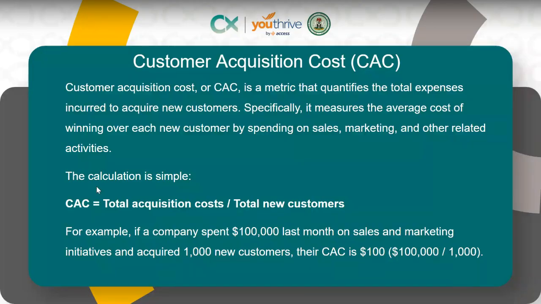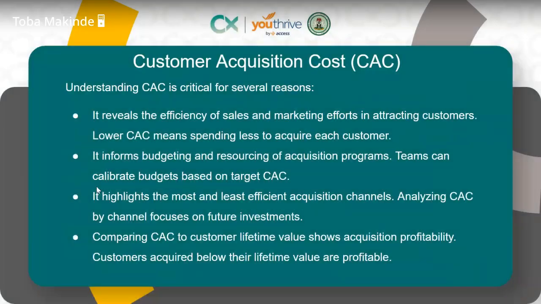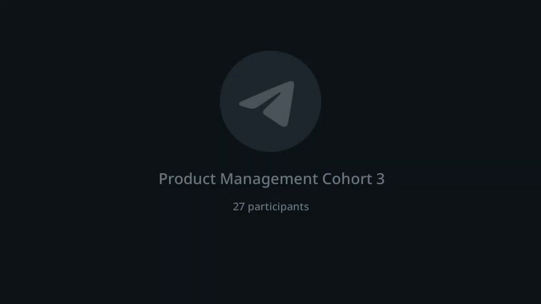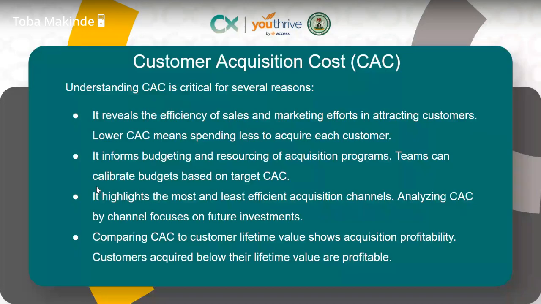For example, if a company spent $100,000 last month on sales and marketing initiatives and acquired 1,000 new customers, their CAC is $100 per customer, which is 100,000 divided by 1,000. So understanding CAC is critical for several reasons. Why do you need to understand your customer acquisition cost?